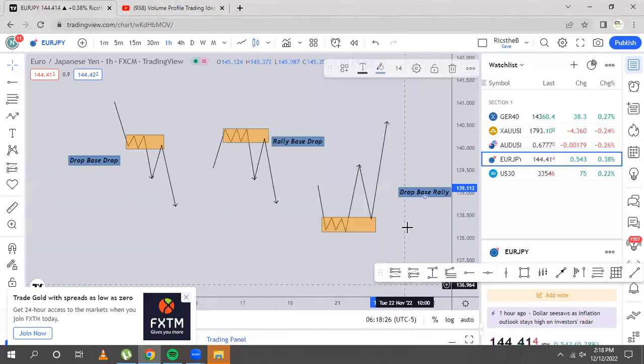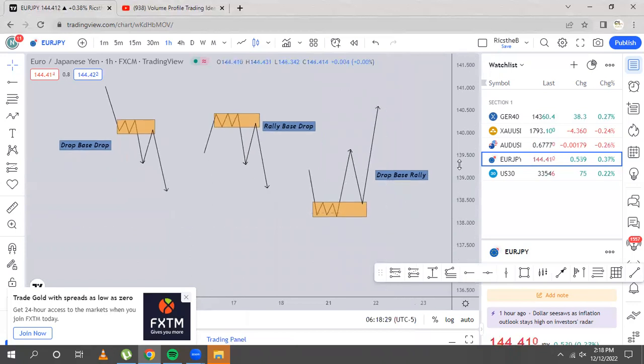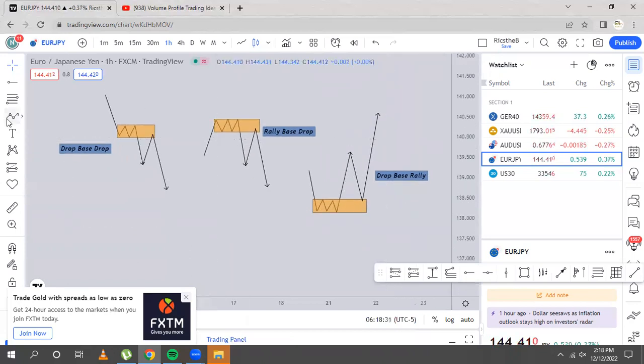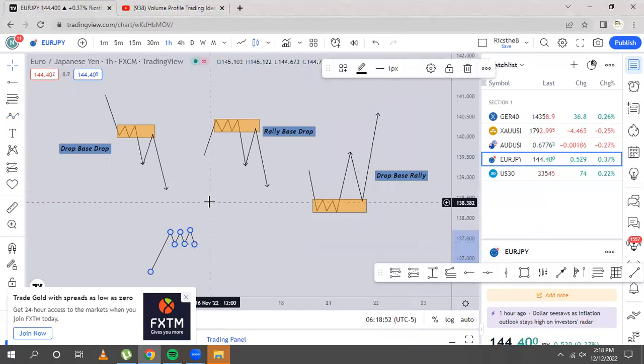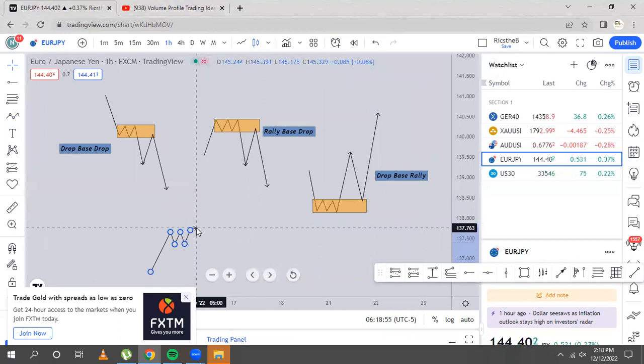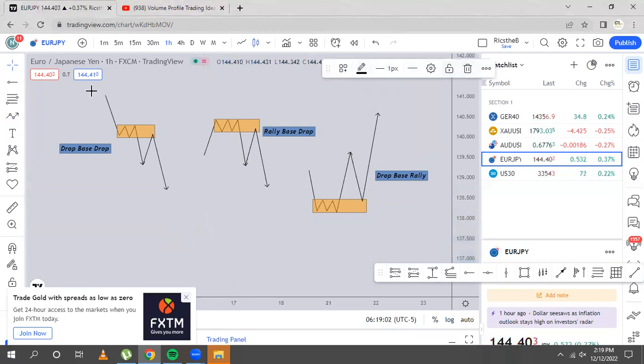Then finally, I would want to speak on rally, base, rally. Let me redraw that, it looks ugly.